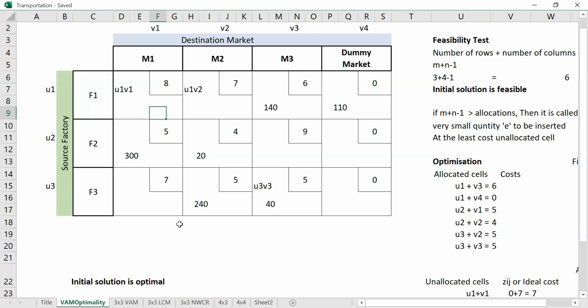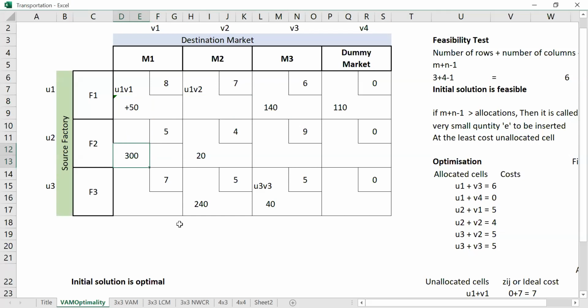So starting over, we had these allocations. Suppose I want to add 50 units here. Plus 50 is what I want here. I need to reduce 50 from elsewhere.